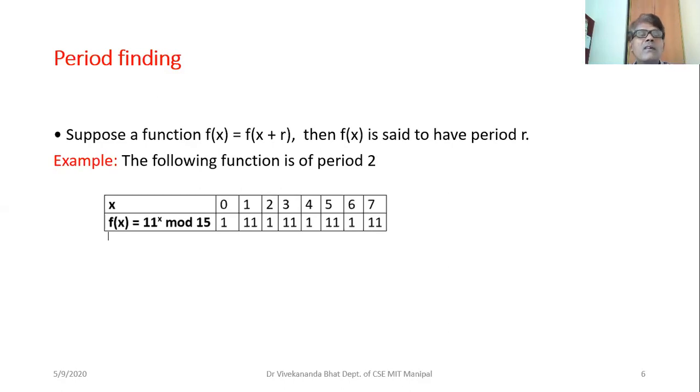That is f of 0 is equal to f of 0 plus 2, that is f of 0 is same as f of 2. So it will repeat at each period of 2. The function value starts repeating at every period 2. So that is called the period of the function.